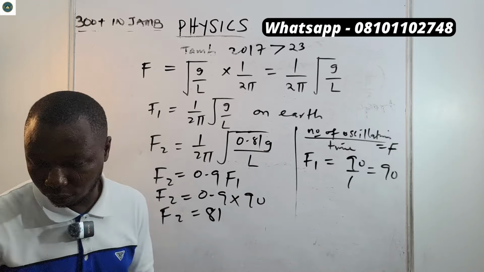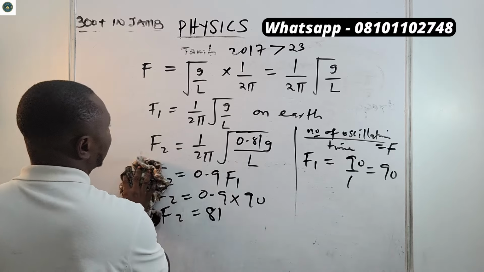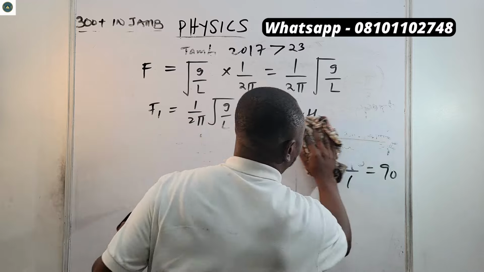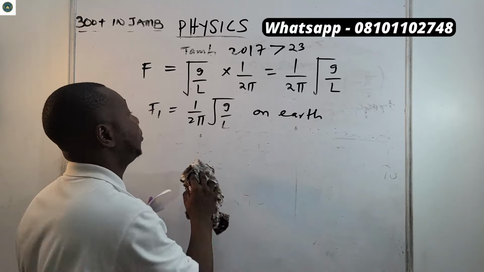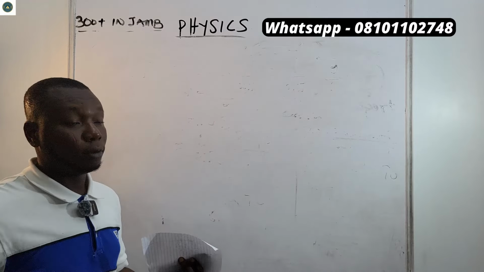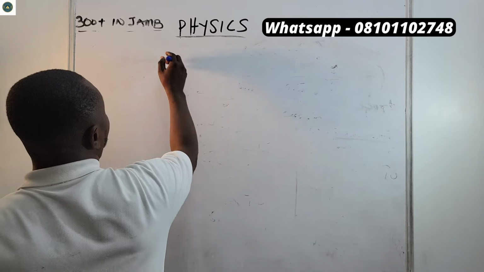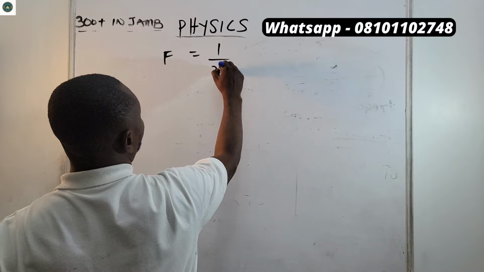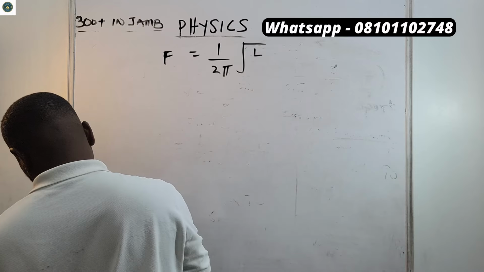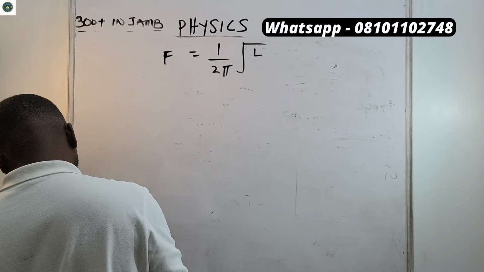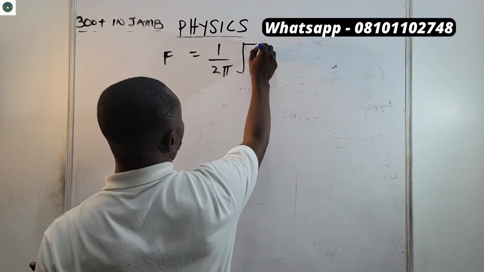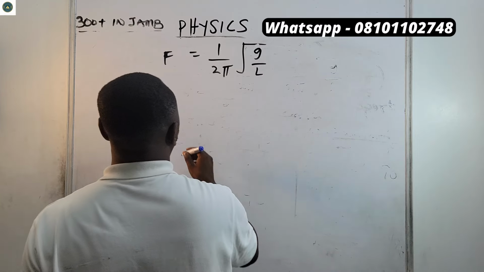So let's see if we can cancel some things out. I'm just trying to see how we can explain further. We have F equals 1 over 2 pi root G over L. Then this is F1.